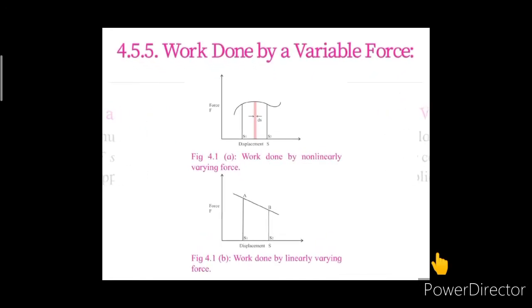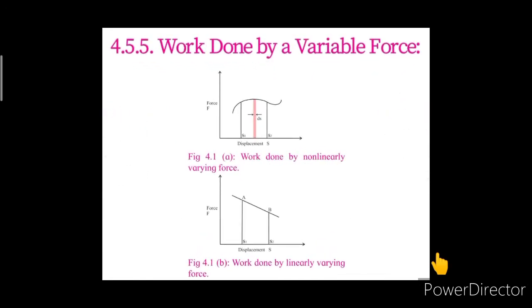Now, the figure shows the variation of a force F plotted against the corresponding displacement in its direction S. As the displacement is in the direction of the applied force, the vector nature is not used here.